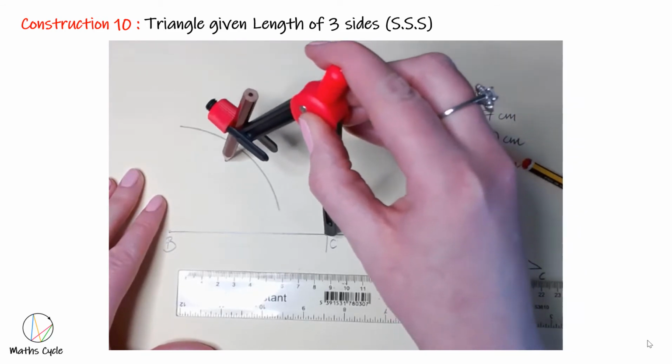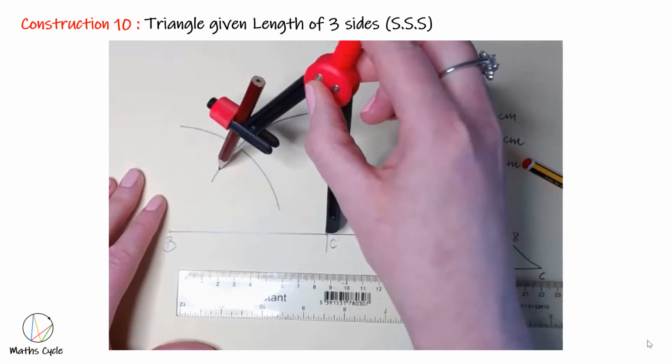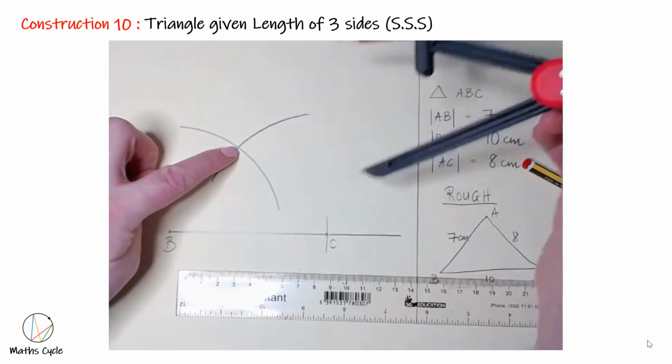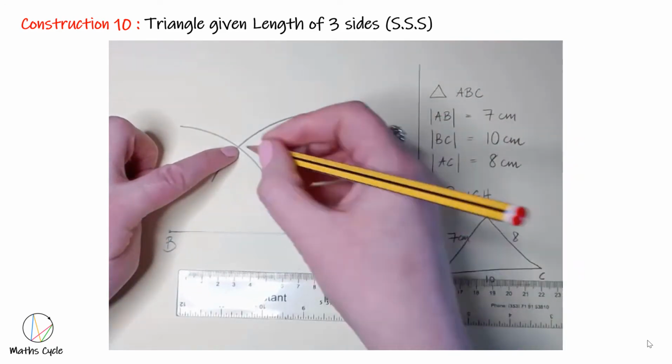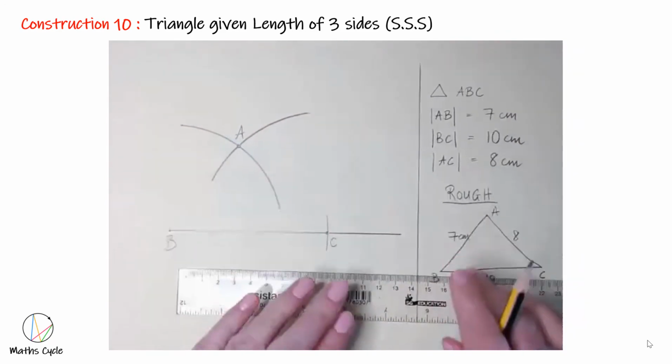And you're looking for that magic place where the distance from C is 8, but the distance from B is 7. And that magic place is exactly where those two intersect. So that will be my vertex A.